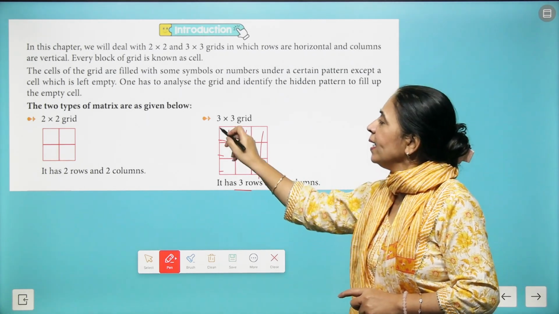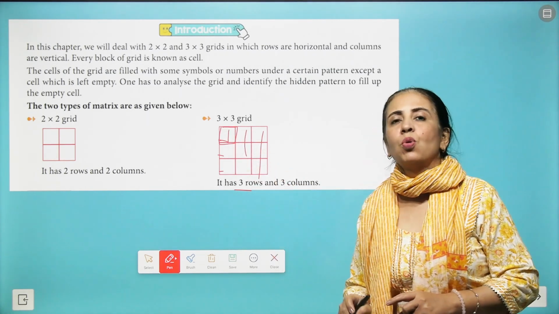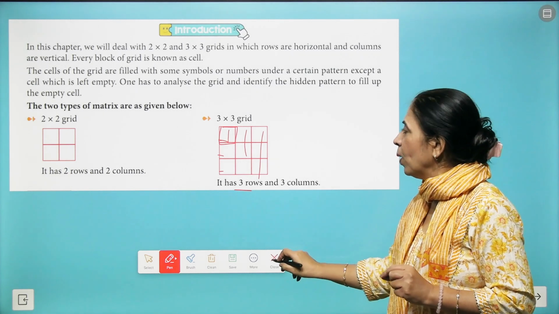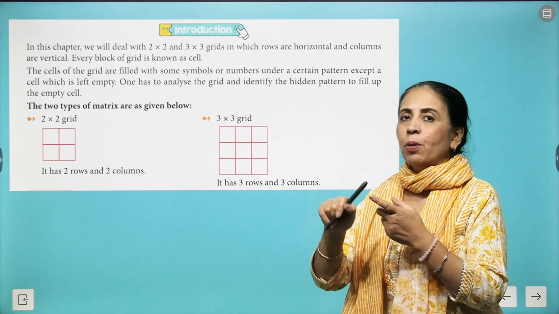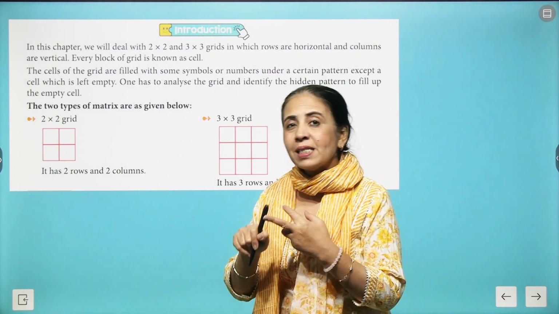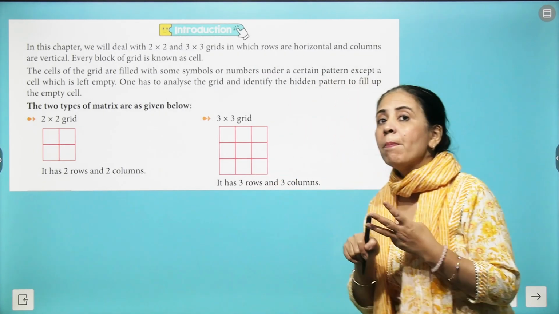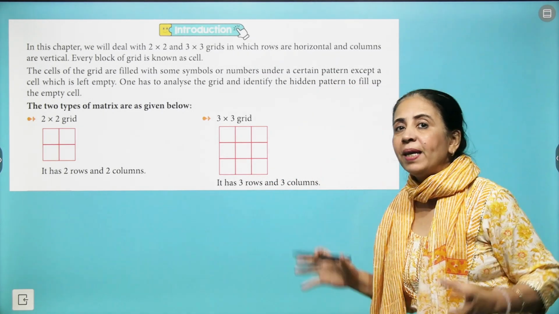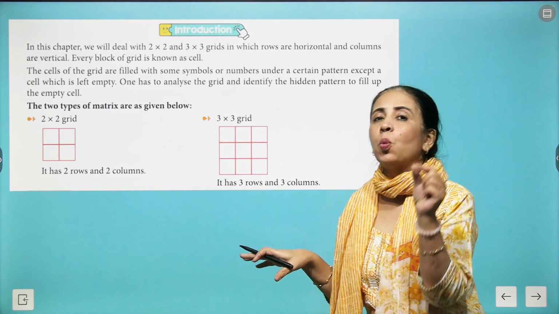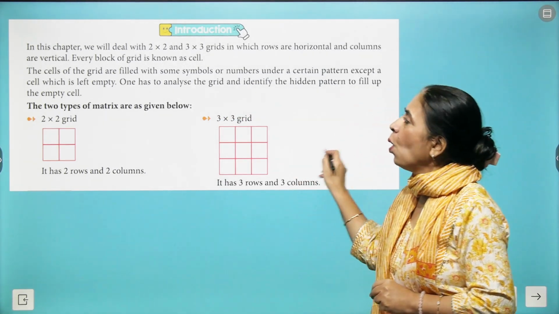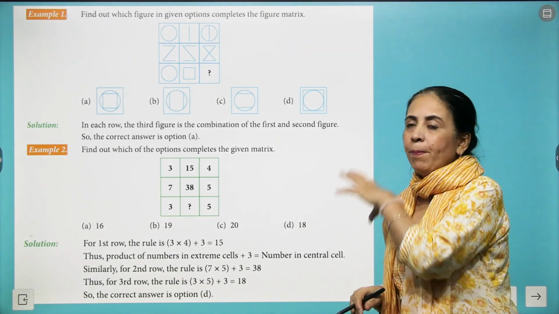Understood? And each part is called a cell. So we'll be putting some values in these cells. There could be numbers, there could be symbols, there could be some part of a complete image, and you have to complete one empty cell of the given matrix.